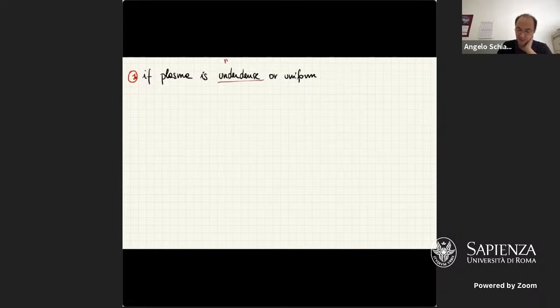It means that the electron density is much smaller than the critical density.